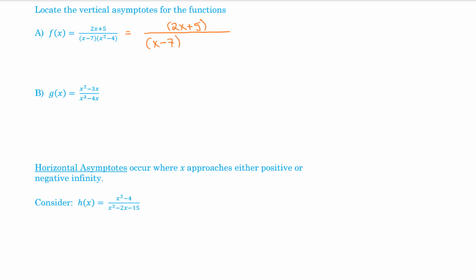Once it's factored, it's a little bit easier to see exactly what's going on. The x squared minus 4 will factor into x minus 2 and x plus 2. This then gives us 3 asymptotes, at x equals 7, x equals 2, and x equals negative 2.